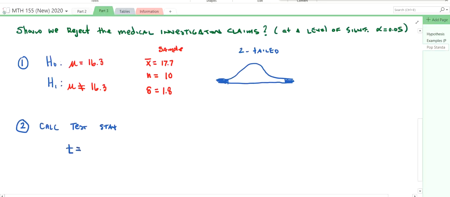So that's t. We have x bar minus mu over s over square root of n equals 17.7 minus 16.3 over 1.8 over square root of 10.